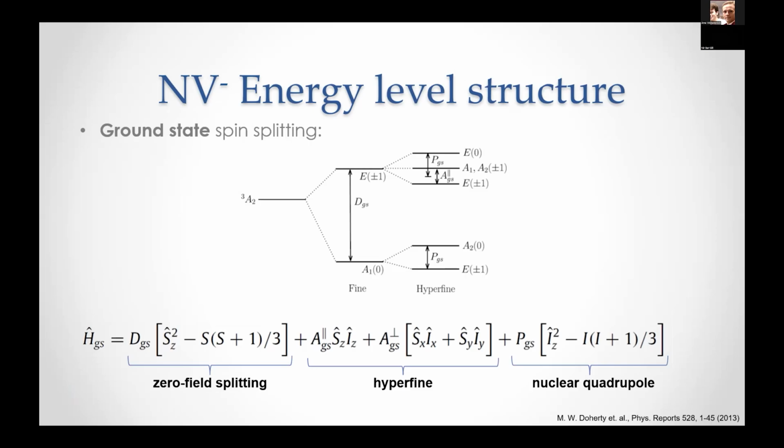The A's here are the hyperfine coupling coefficients for the parallel and perpendicular terms. When we're talking about the N14, the spin 1, we also have a quadrupolar splitting of the nuclear spins, which you can see both in the ground state and in the excited state, and the 0 and plus minus 1 states. Okay.